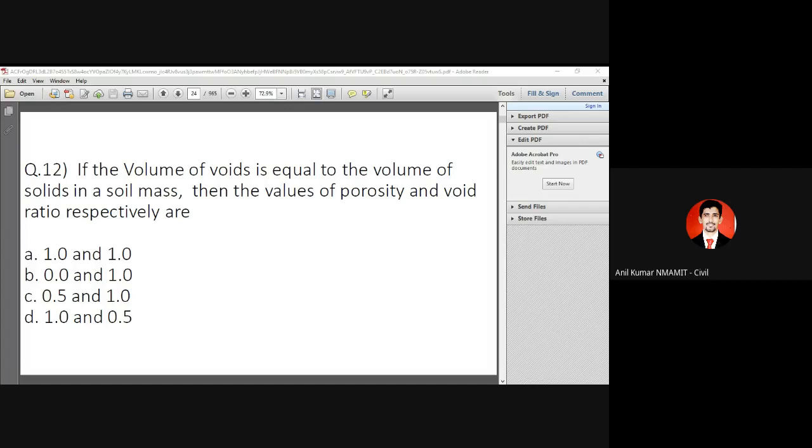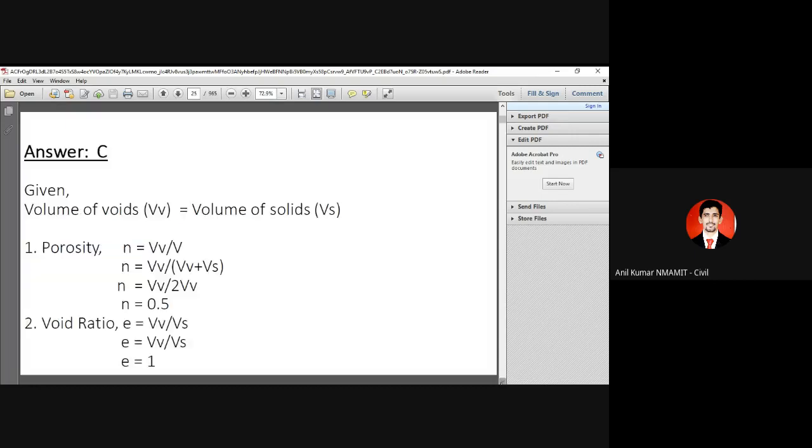Okay, we'll try this. The question says, if the volume of voids is equal to the volume of solids, that means Vv is equal to Vs. One of the students has given me the right answer. Very good.